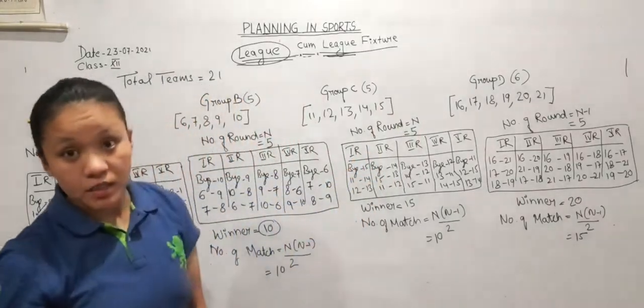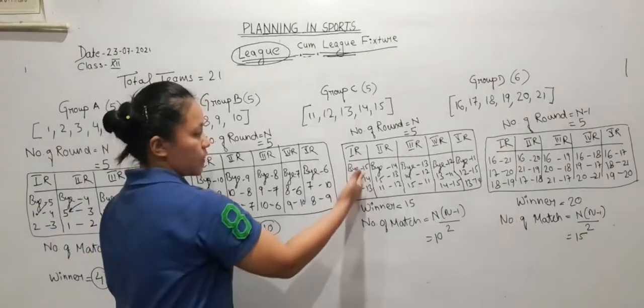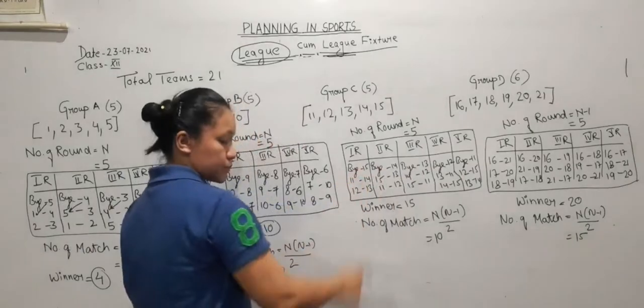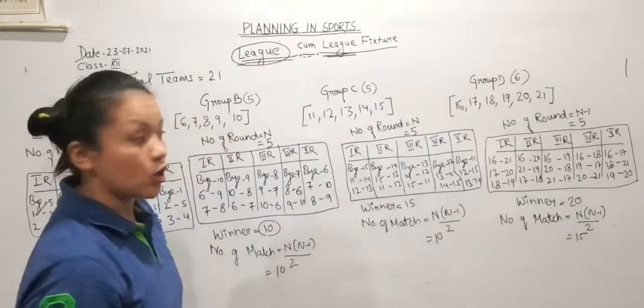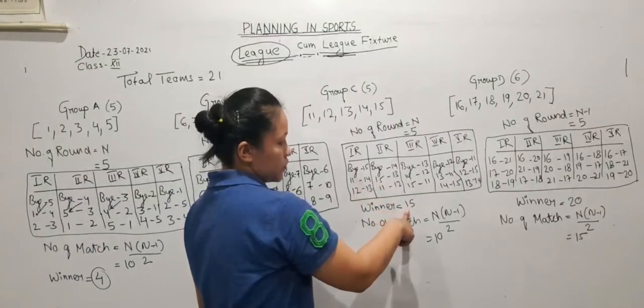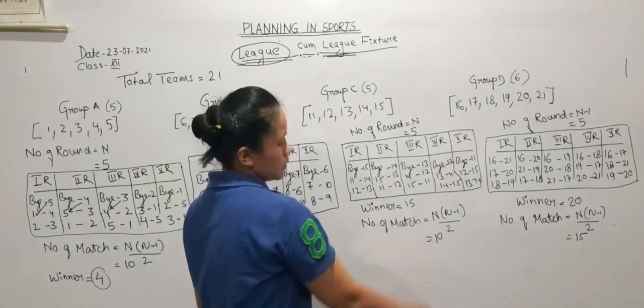In cyclic fixtures, we have to keep one player at a fixed place. Therefore, we have kept bye at a fixed place. And the remaining teams will rotate in clockwise or anti-clockwise. Let winner of this group is 15, total match 5.